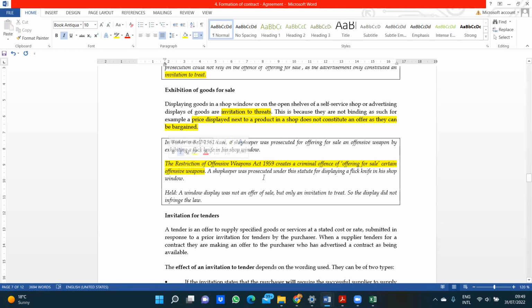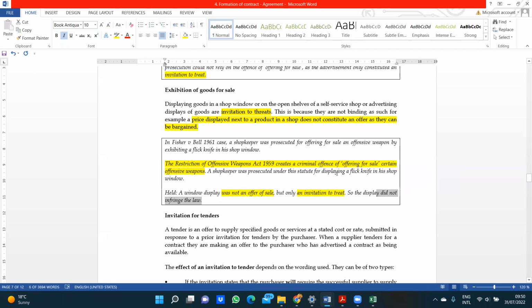The shopkeeper was prosecuted under this statute for displaying a flick knife in his shop window. Held, the shop window was not an offer for sale, but only an invitation to treat. So the display did not infringe the law.